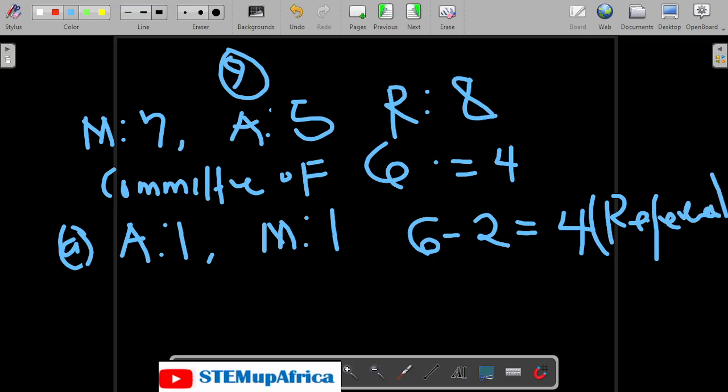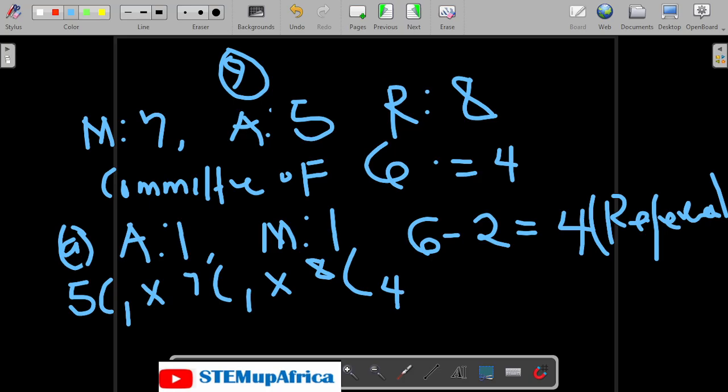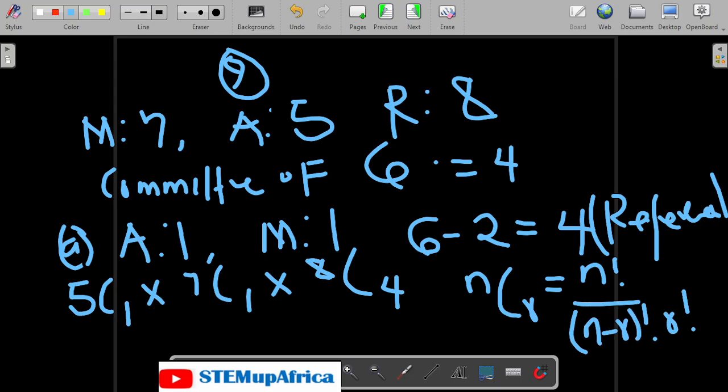So we're going to have 5 combination 1 times, the midfielder is also 1, 7 combination 1 times, the referee now, which is 8 combination 4. So we know what combination is: n combination r gives us n factorial over n minus r factorial.